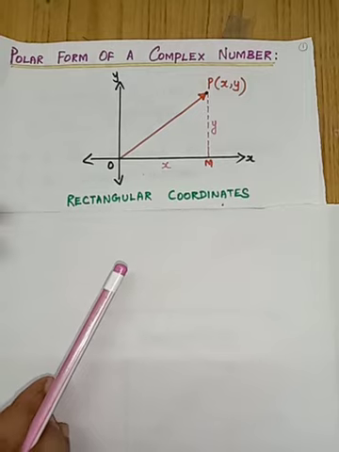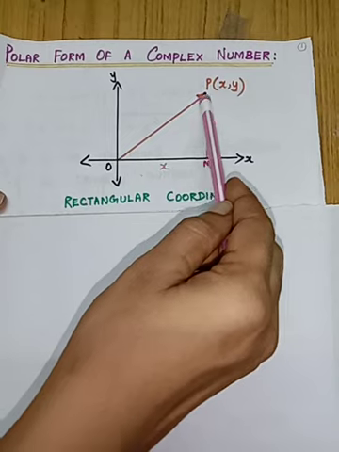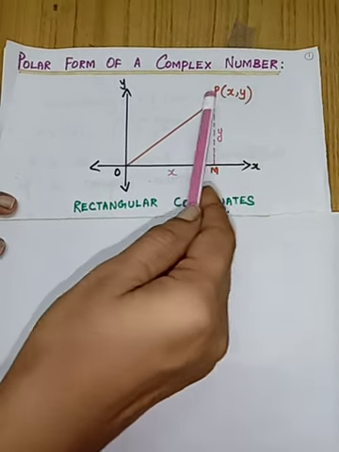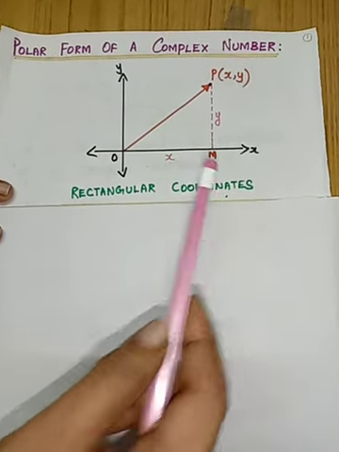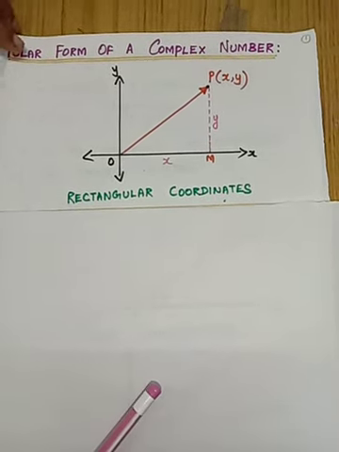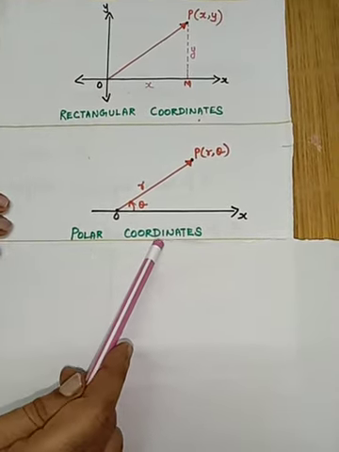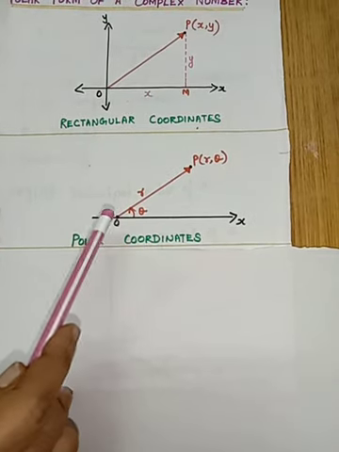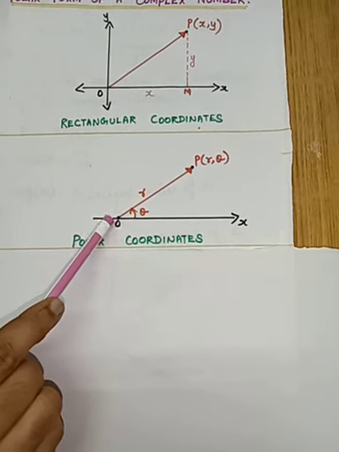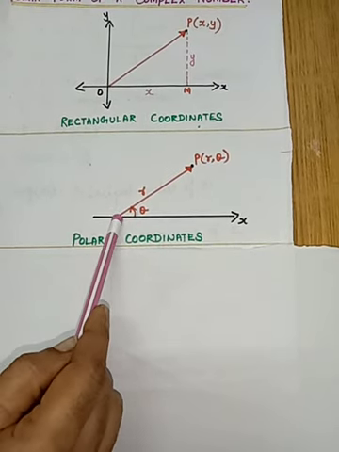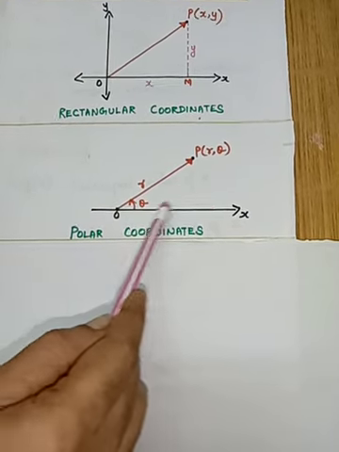See, the complex number x plus iy is represented using a position vector whose coordinate is x comma y in the rectangular coordinates. Now I am going to talk about polar coordinates. The polar coordinate system consists of a fixed point called the pole and a horizontal half line emerging from the pole called the initial line.